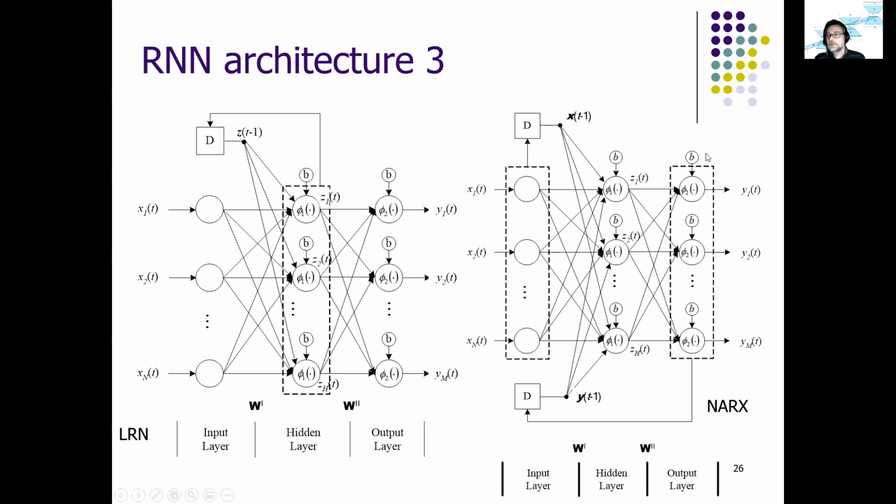Another interesting concept, again introduced in the 90s, is the so-called nonlinear autoregressive recurrent network. In the autoregressive recurrent network, you have again context units which remember the context, but this is not the context of the hidden nodes.